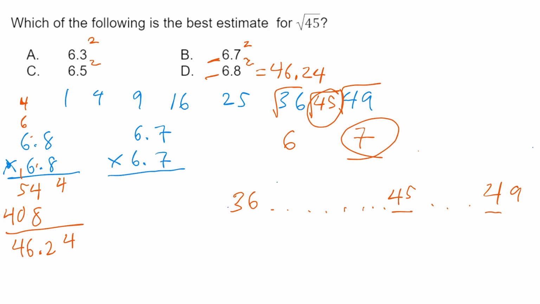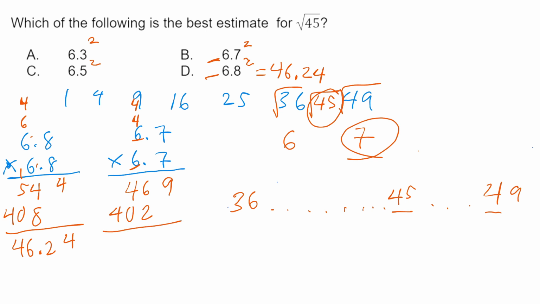7 times 7 is what? 49. Carry 4. What is 7 times 6? This is 42. Plus 4 is 46. Next, what is 6 times 7? That is 42. Carry 4 here. What is 6 times 6? That is 36. Plus 4 is 40.